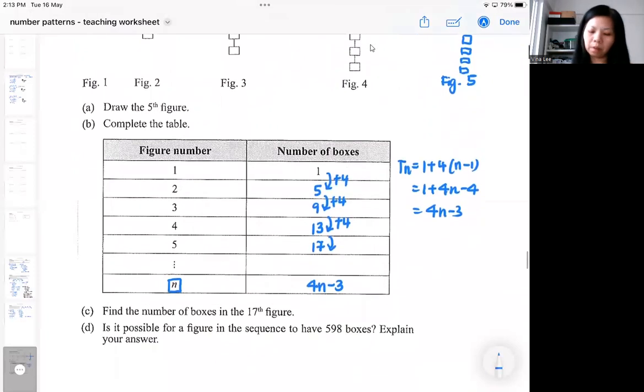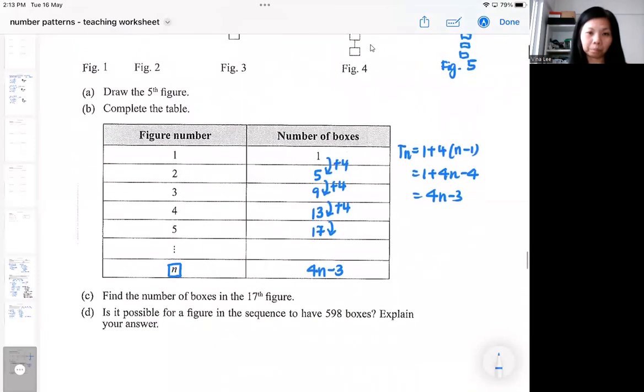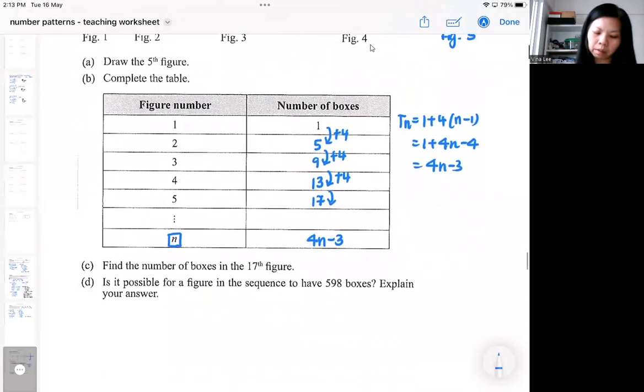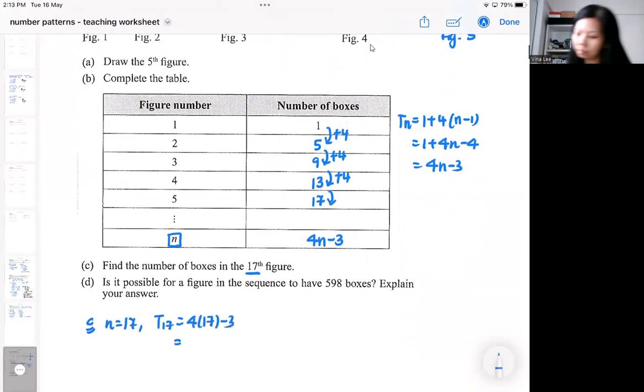And once you have the formula, use it to answer the question. So how many boxes do you find in the 17th figure? So n will be 17. So you calculate by punching the calculator. So there will be 65 boxes.